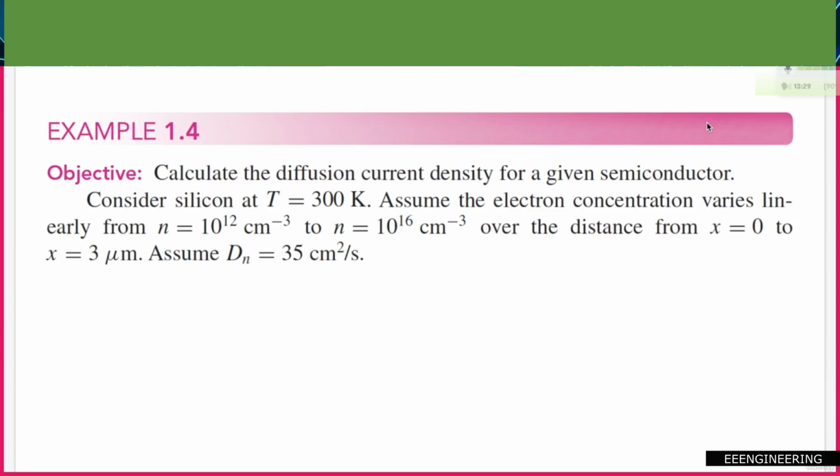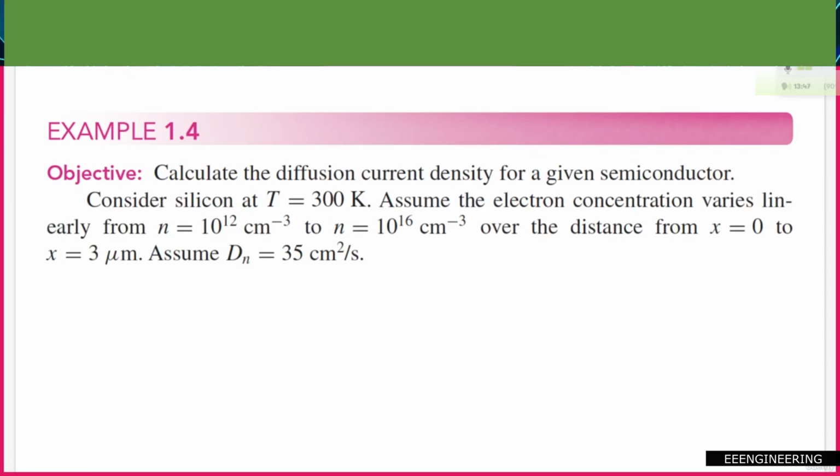It starts from n equal to 10^12 and moves up to n equal to 10^16 over the distance from x equal to 0 to x equal to 3 micrometers. Assume you have a diffusion coefficient of 35 centimeters squared per second. What to do now is just put out the formula.